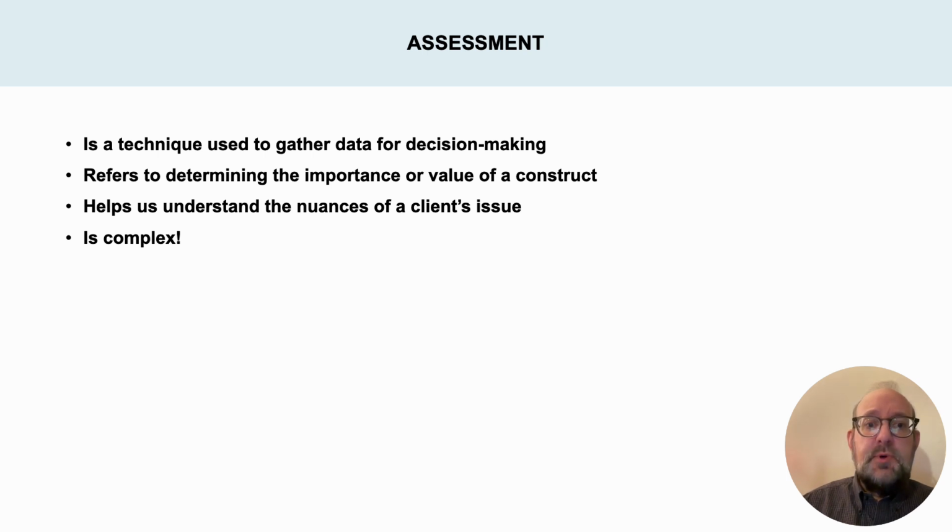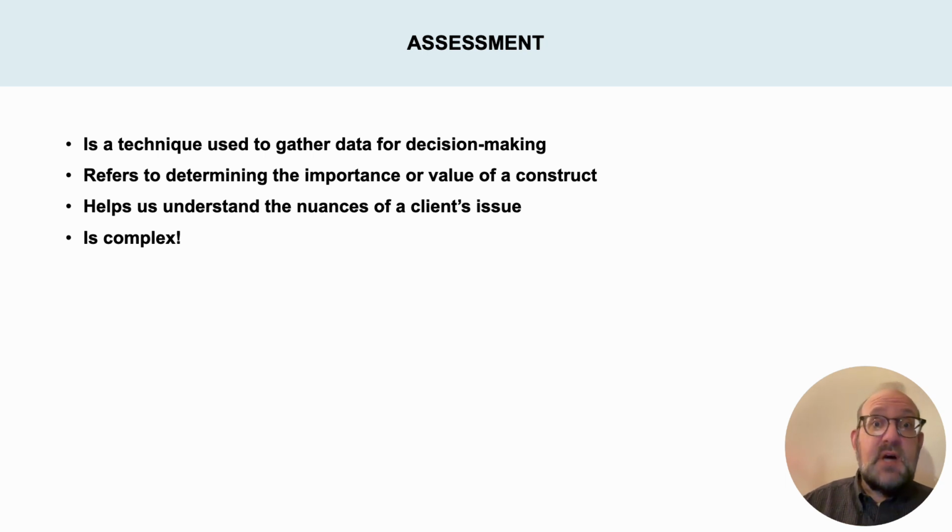We're going to explore the importance and the values of testing, that gathering of information, and its purpose, once again, as I referenced a few moments ago, in terms of decision making. And assessment also helps us understand and conceptualize, perhaps encapsulate, expand upon, provide more clarity on the client's issue.